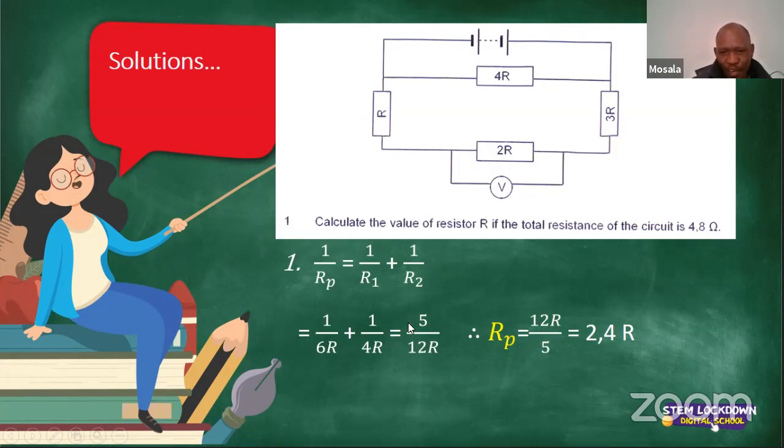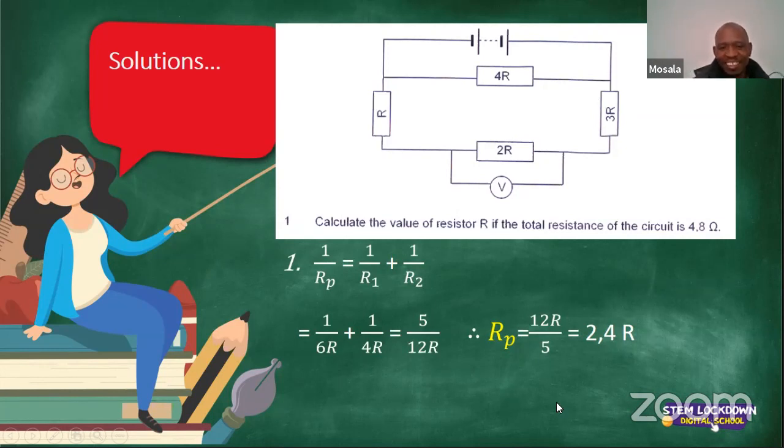Remember, 5 over 12R is equal to 1 over Rp, so we have to invert to get Rp, the parallel resistance. Whatever you get here, 5 over 12R, you have to go for the reciprocal to have the real value, which is 12R over 5. Then 12R over 5 is 2,4R.